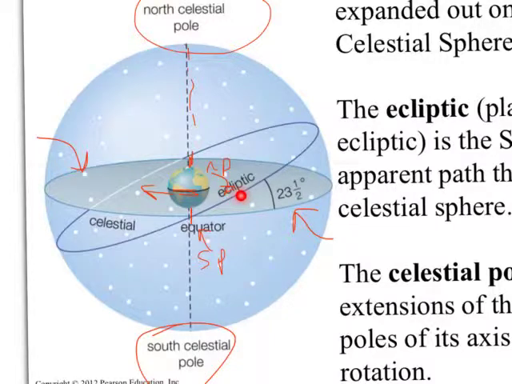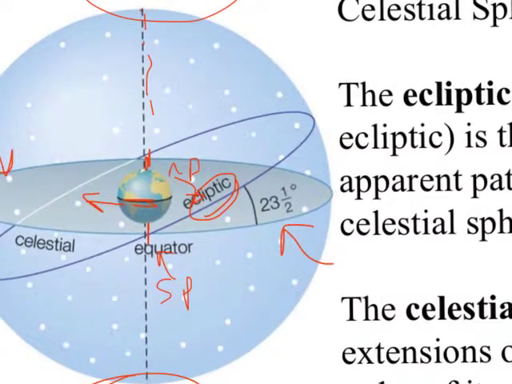I brought up the term ecliptic in the previous chapter. The ecliptic is the plane in which the Earth orbits the sun.